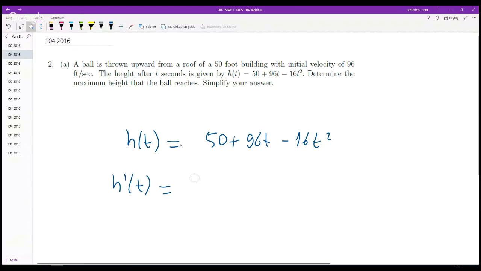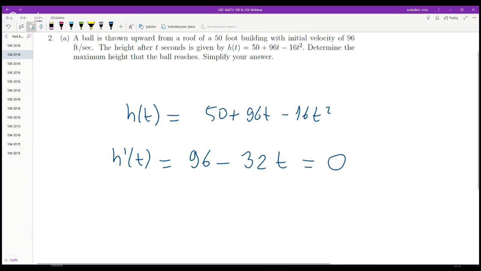So the derivative is 96 minus 32t. Which must be 0 when the height is maximum. So therefore, I find t equals to 3.